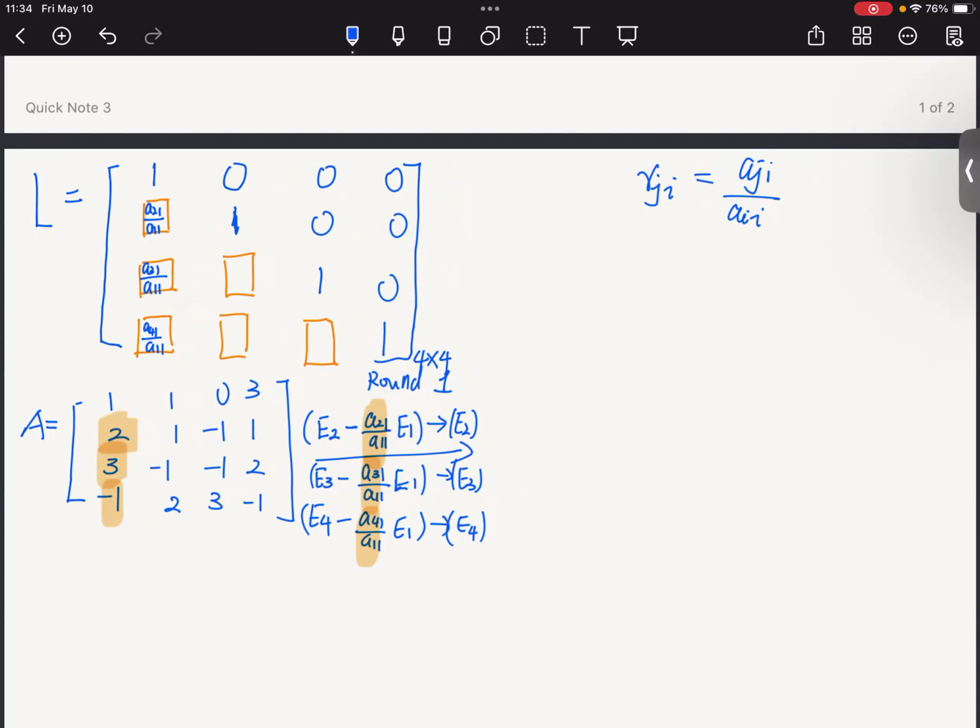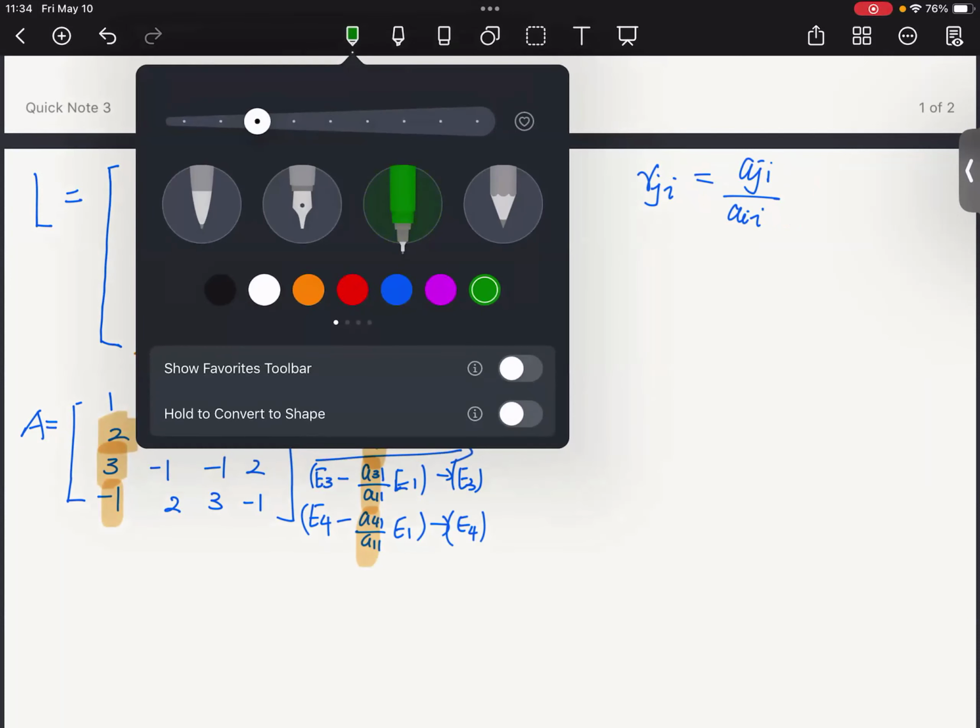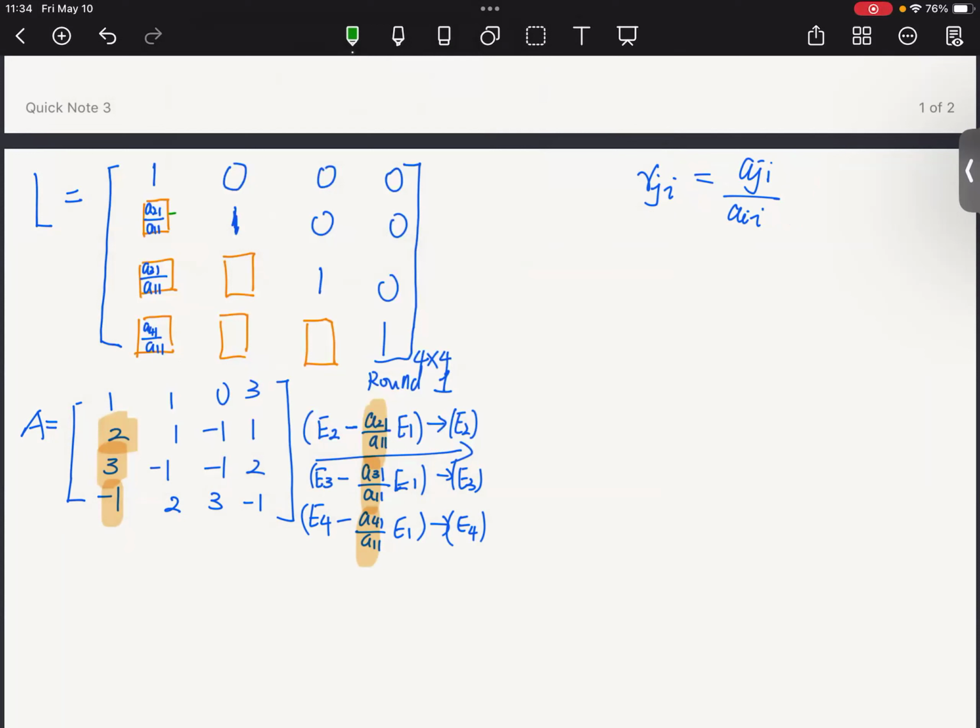And I'm going to calculate the ratio here. These values are just 2 divided by 1, which equals 2. This is 3 divided by 1, which is just 3. This one is negative 1 divided by 1, which is just negative 1.